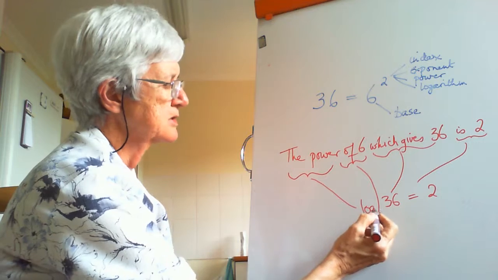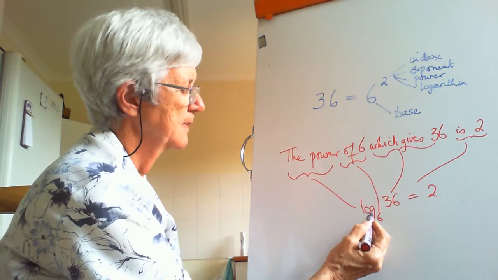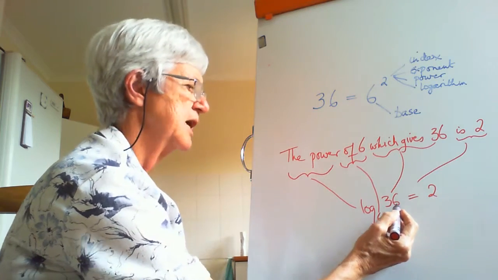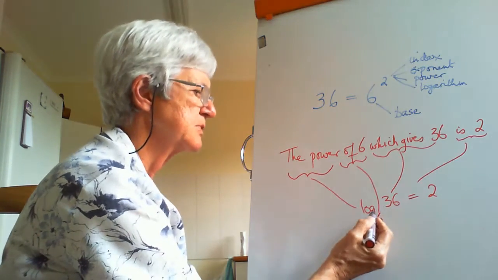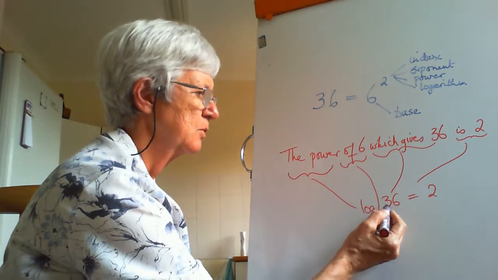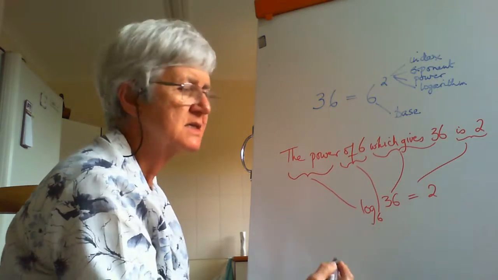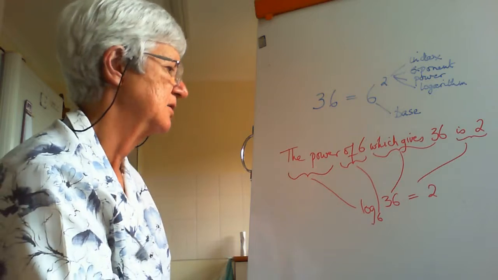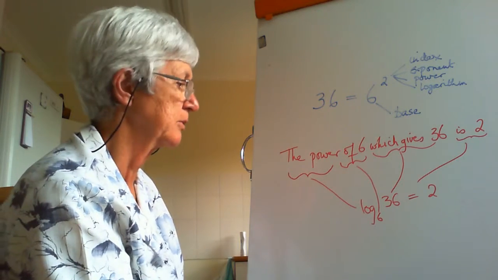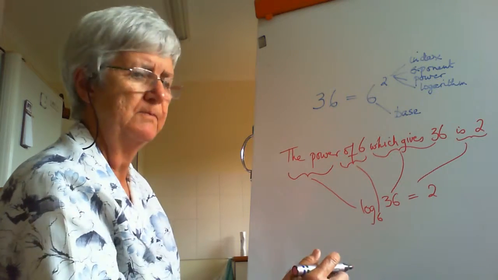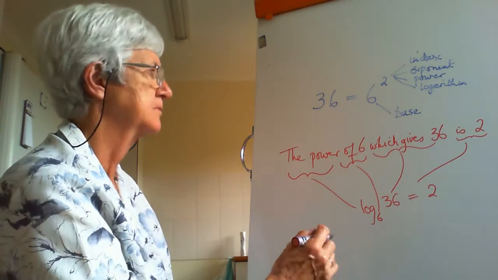So when we read this, we either say log to the base 6 of 36 is 2, or to understand what it means, we say the power of 6, which gives 36, is 2. Now, if you understand that, you shouldn't have any problems with logarithmic work. So let's look at a couple more statements.